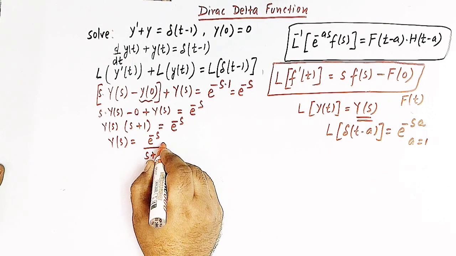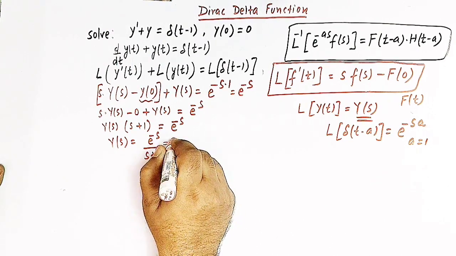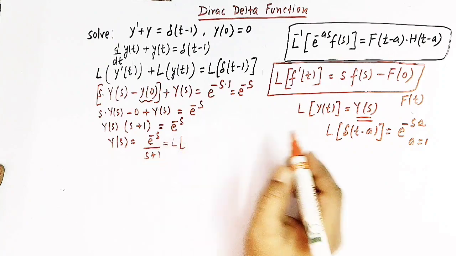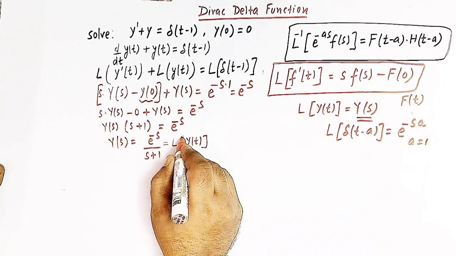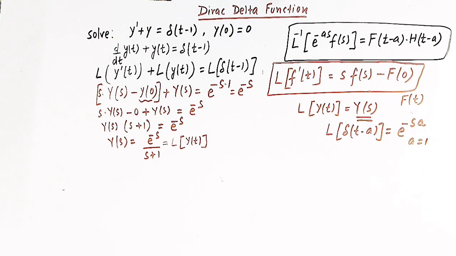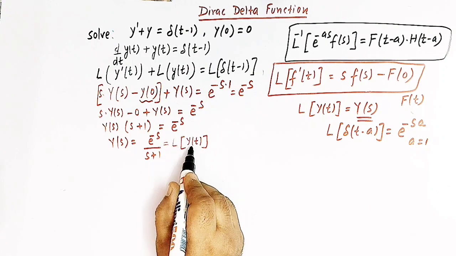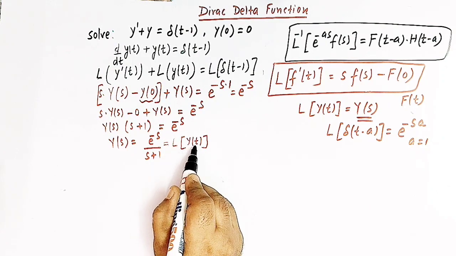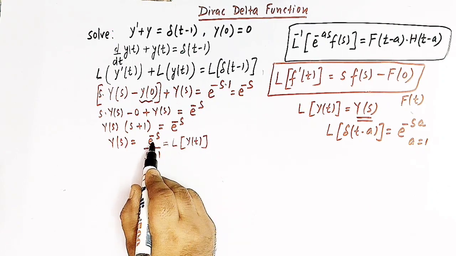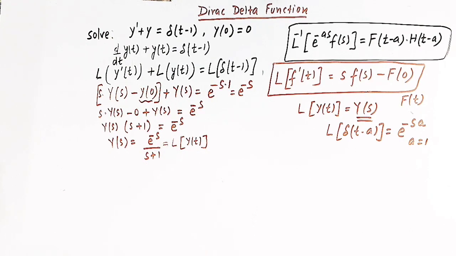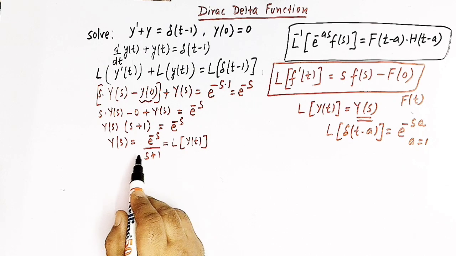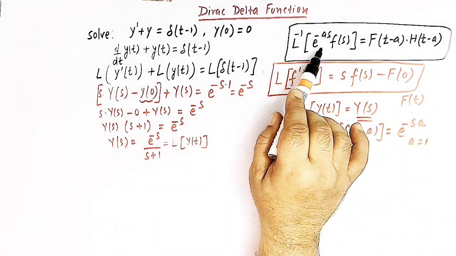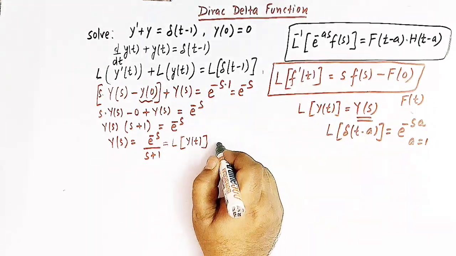Now we have obtained the Laplace transform of the function y of t as e raised to minus s over s plus 1. Let us now compare this expression with the earlier result.